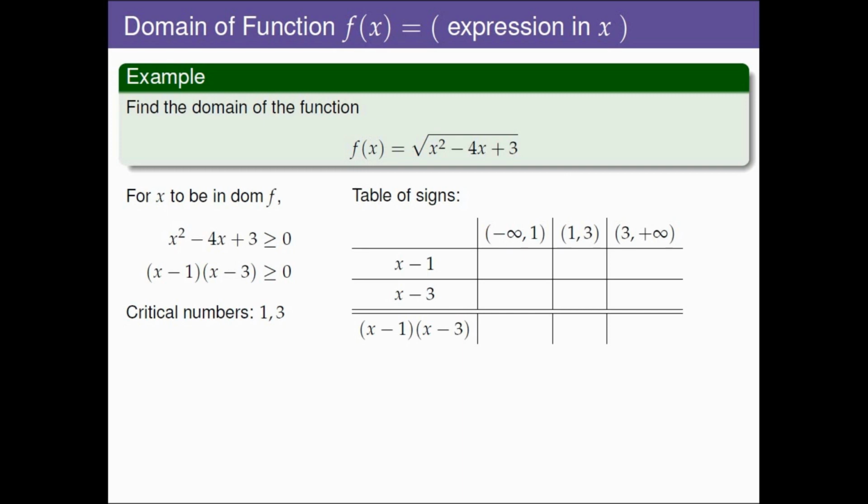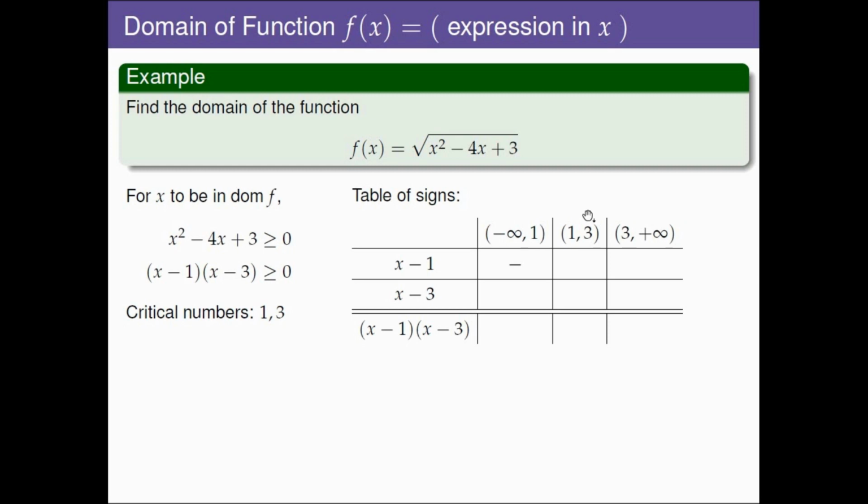x minus 1 is negative when x is less than 1. So if x is in the interval negative infinity to 1, negative sign for x minus 1. x minus 1 is positive when x is greater than 1.